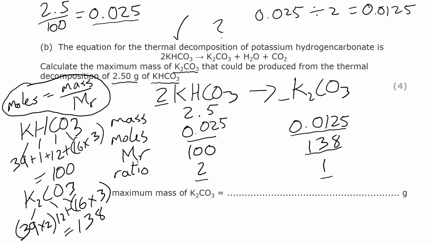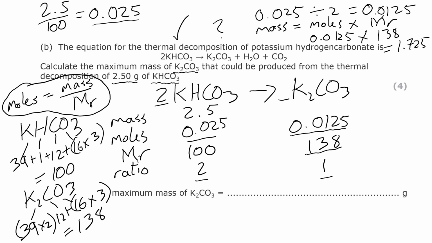So mass equals moles times by Mr. So it's moles, which is 0.0125, times my Mr, which is 138, and that will equal 1.725, and that's my answer.